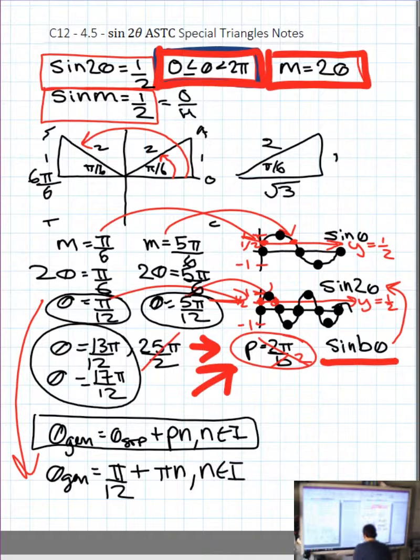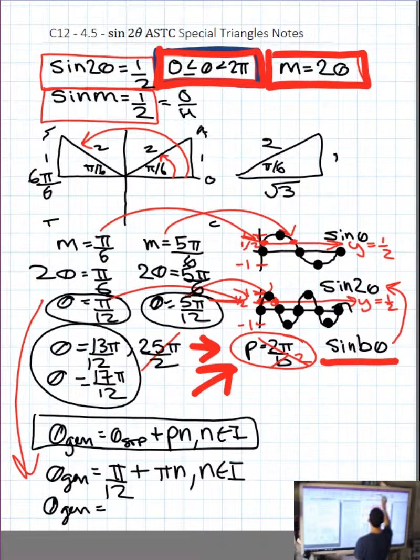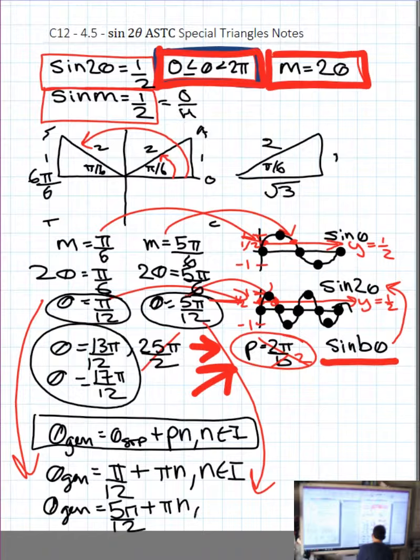And then again, I can give my other one, theta gen equals my other answer, I'm going to draw an arrow from above, 5 pi over 12. My other smallest answer, 5 pi over 12, plus pi n, comma, n an integer.